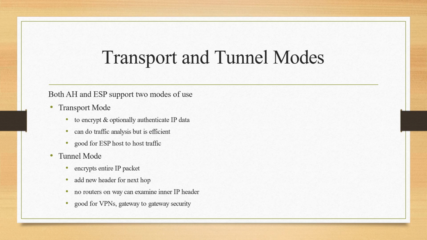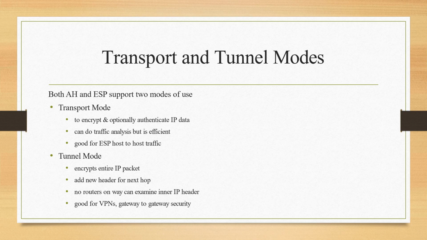ESP in transport mode encrypts and optionally authenticates the IP payload but not the IP header. AH in transport mode authenticates the IP payload and selected portions of the IP header.